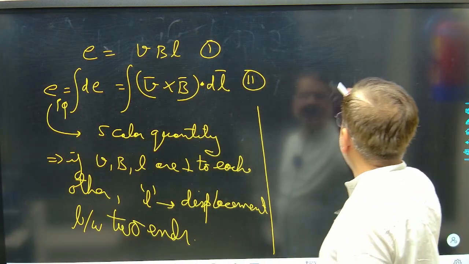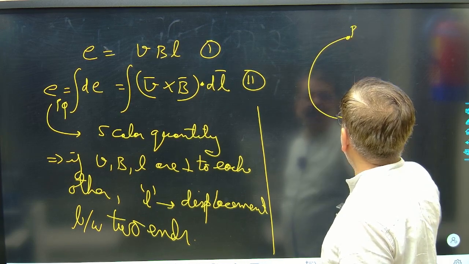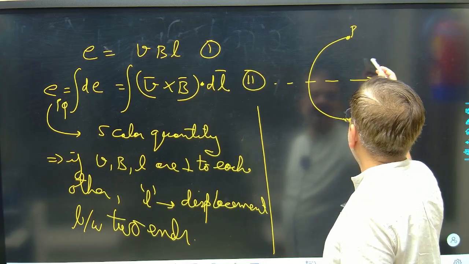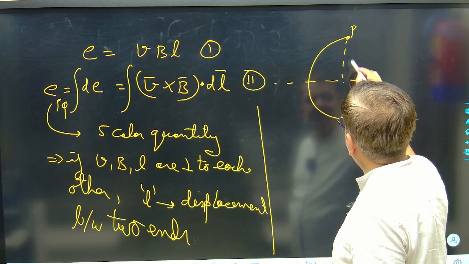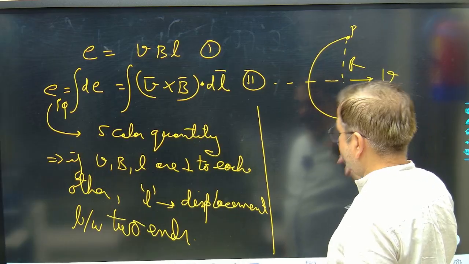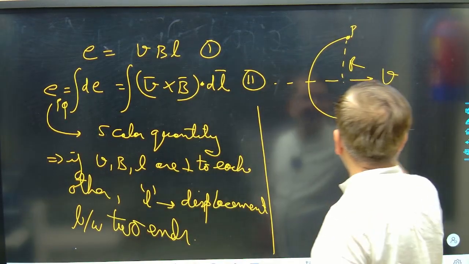Meaning that what I am saying, suppose any semicircular figure with points P and Q is moving towards right. The semicircular figure has radius R. It is moving in the field with speed V, and say the magnetic field lines, if I assume, are downward.